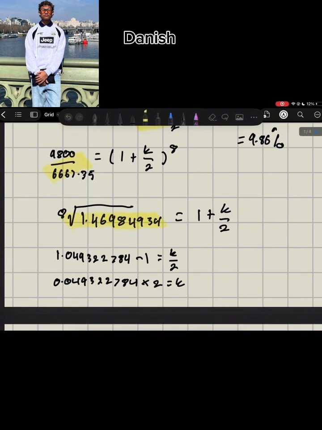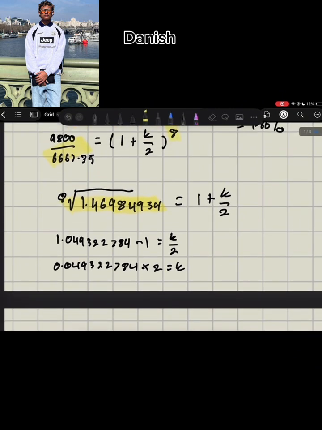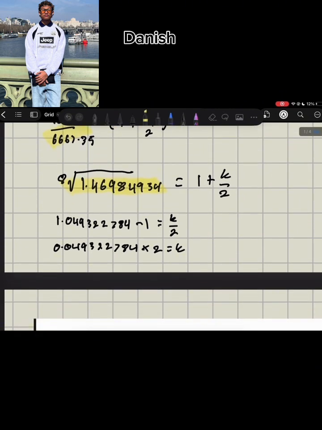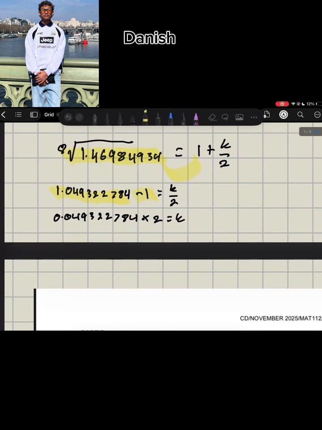If you want to find K, you need to take the 8th root of it, because of this power, which is 8. You will get this answer in the calculator, and you need to minus 1 because you transferred it to here.